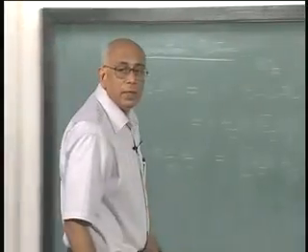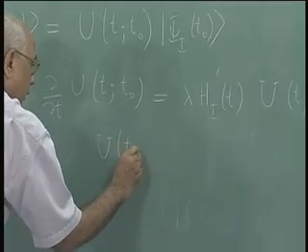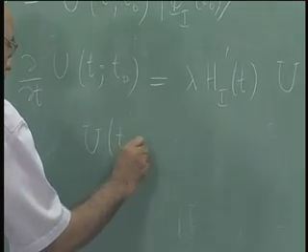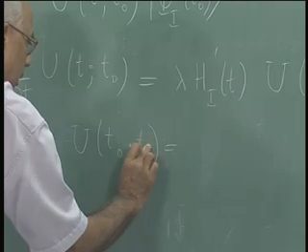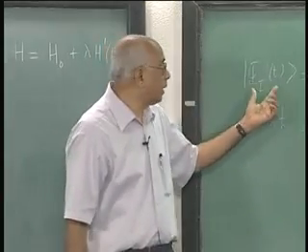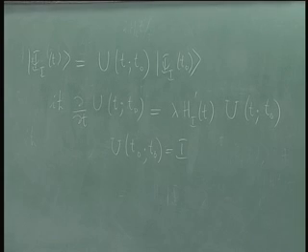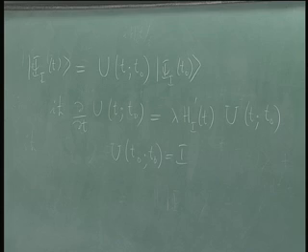Now what is the initial condition that you would impose on this? Clearly u of t0, t0 is equal to the identity operator, because it is clear that if you set t equal to t0, you want the identity operator, okay, and we have to solve that equation for the operator u.